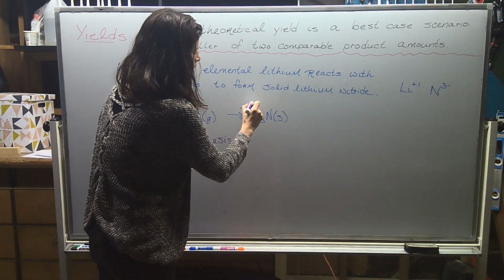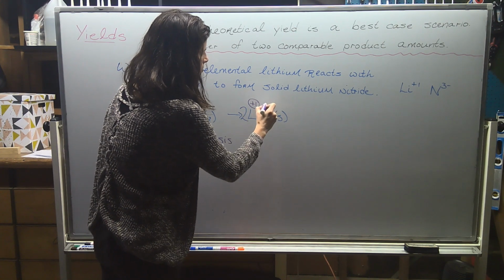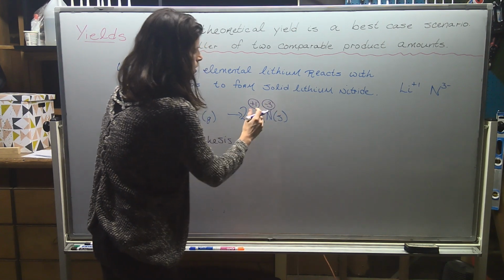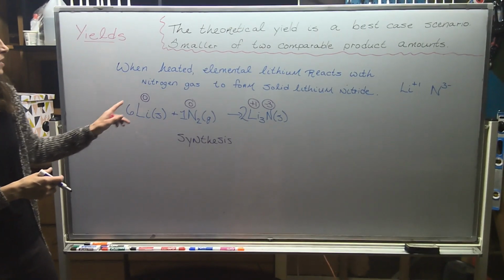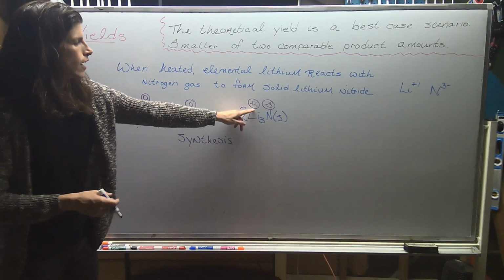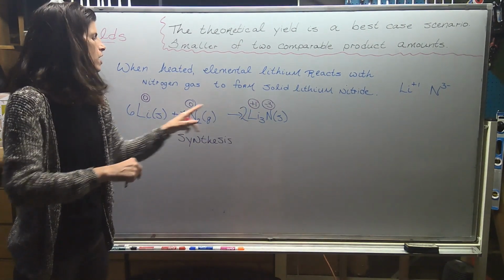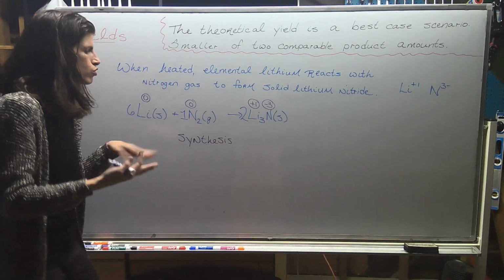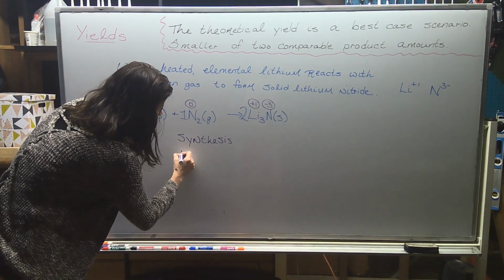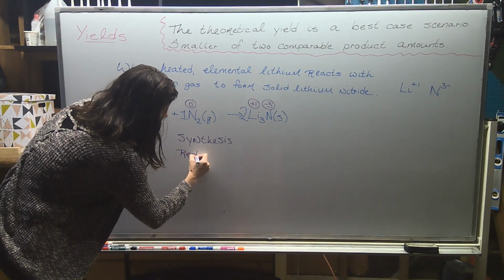Here we have a +1 on the lithium and a -3 on my nitrogen in terms of oxidation numbers. So we see lithium loses electrons. It went from 0 to +1. Nitrogen gains electrons. We have a gainer, we have a loser. So this is also a redox reaction.